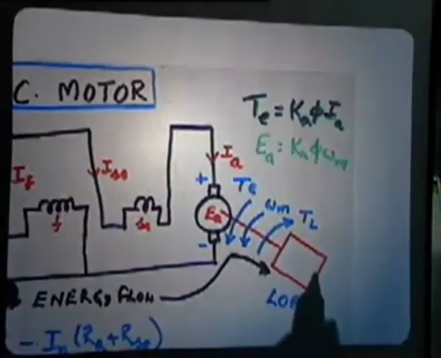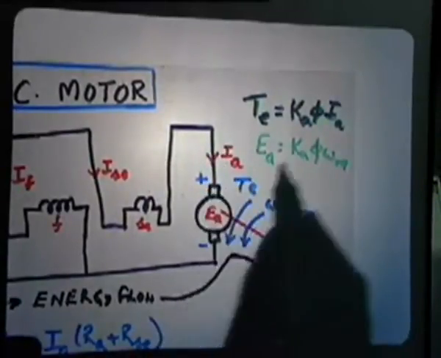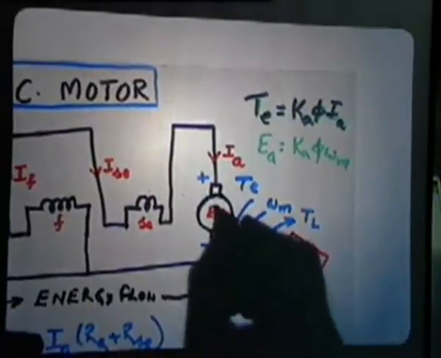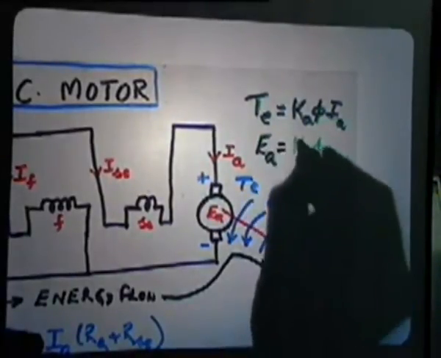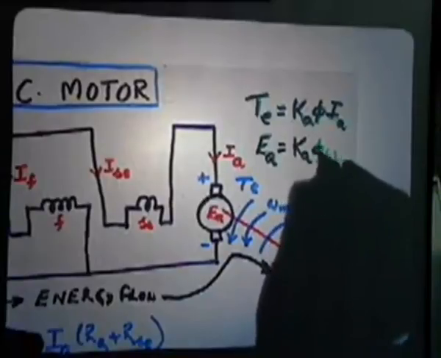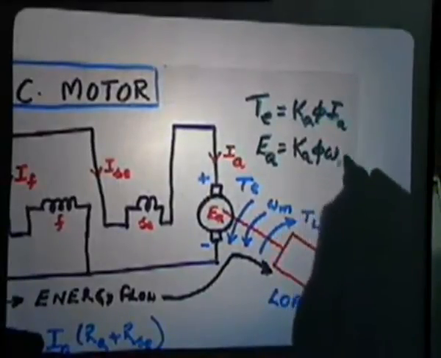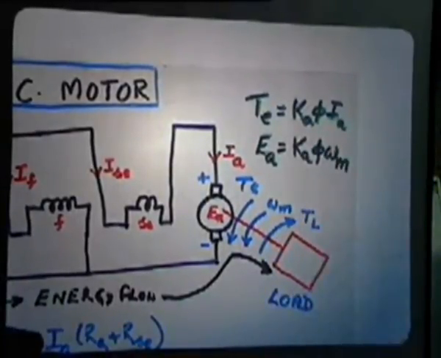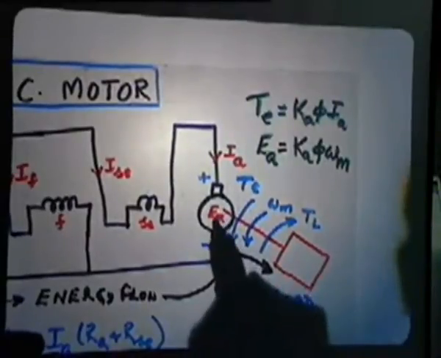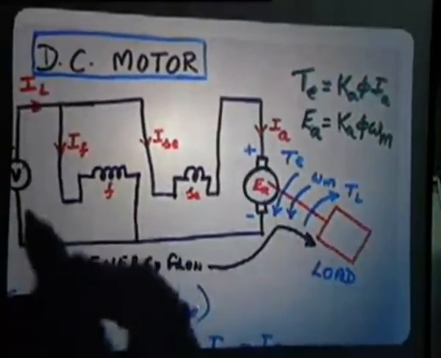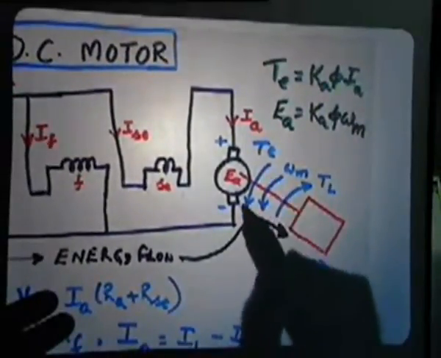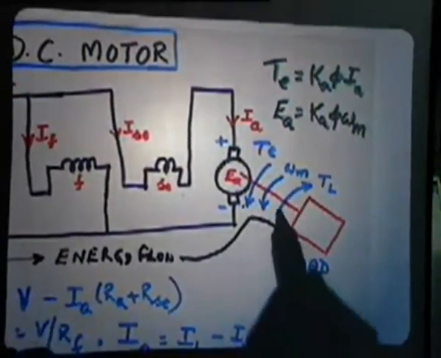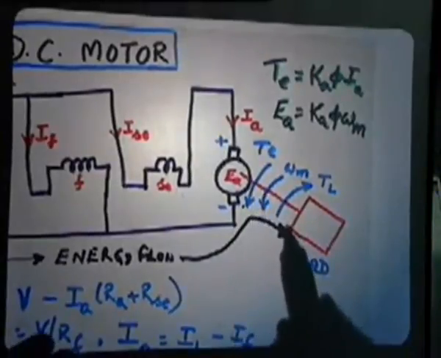So more load can be given only by drawing more current, and also there is a voltage induced, Ea, which will be equal to the same constant Ka into the flux phi into the speed omega m. So you have a voltage opposing the terminal voltage, and the load torque opposing the developed torque.